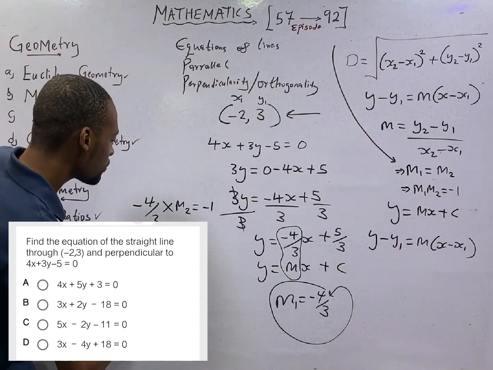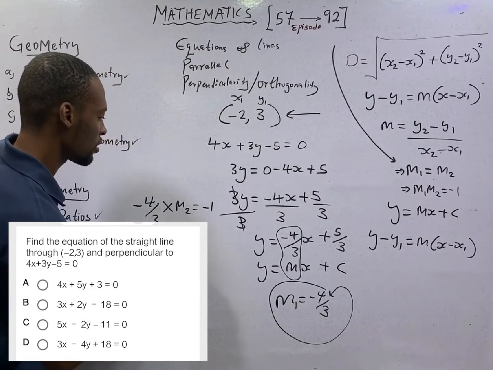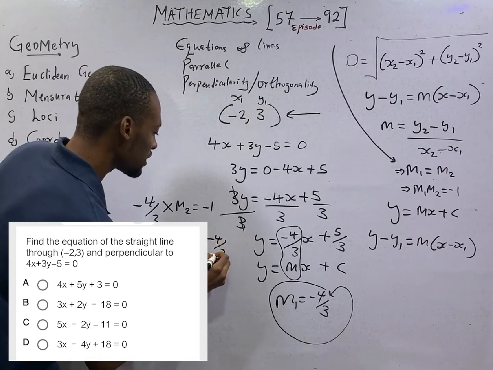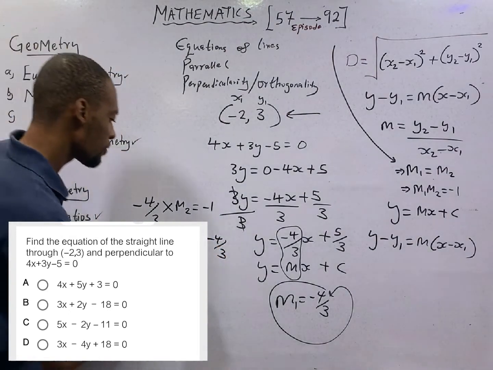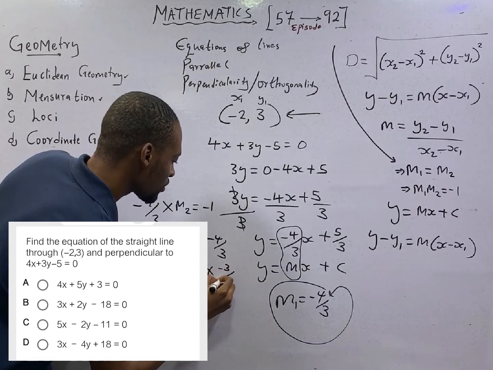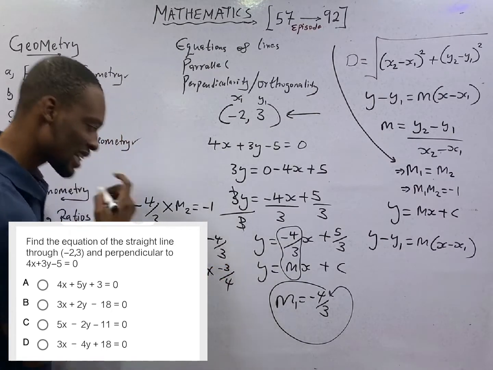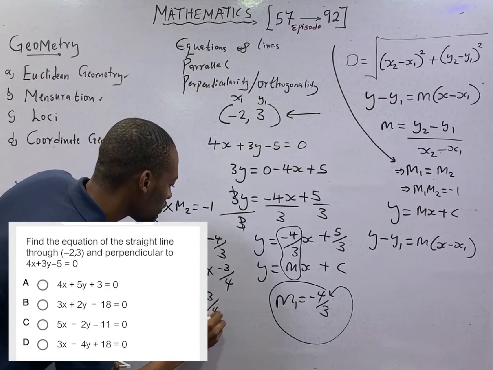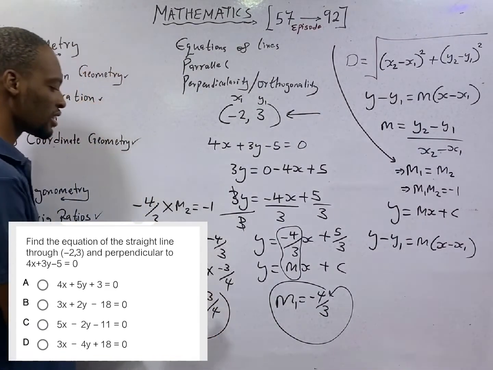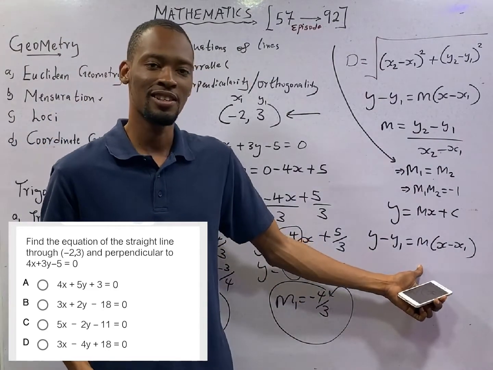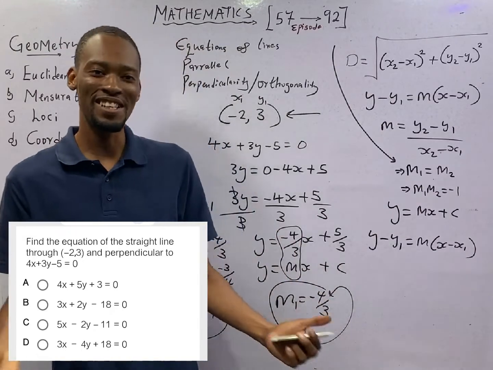Therefore, m2 = -1 divided by -4/3. This is -1 times -3/4. Ladies and gentlemen, m2 = 3/4. We've gotten the gradient we need to use. So, food is ready.